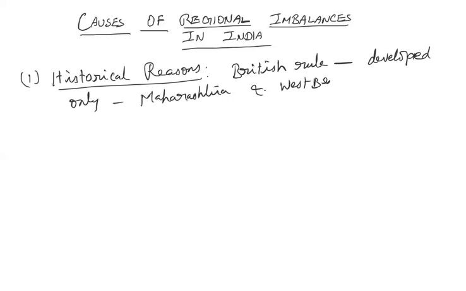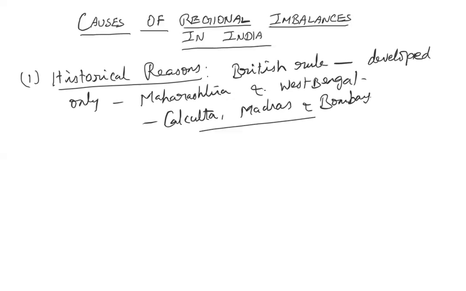So mostly they favored Calcutta, as it was called at that time, Madras, and Bombay. These are the old names of the respective cities. So only these three cities, places, regions were favored by the Britishers.